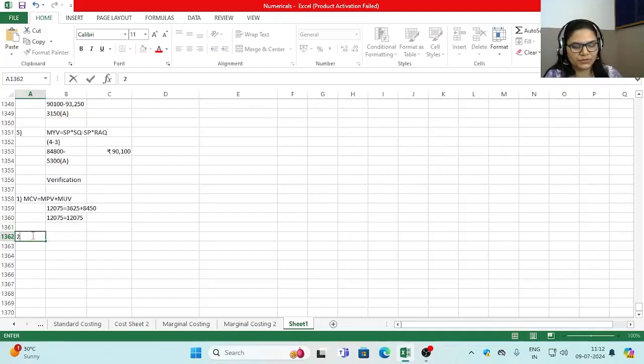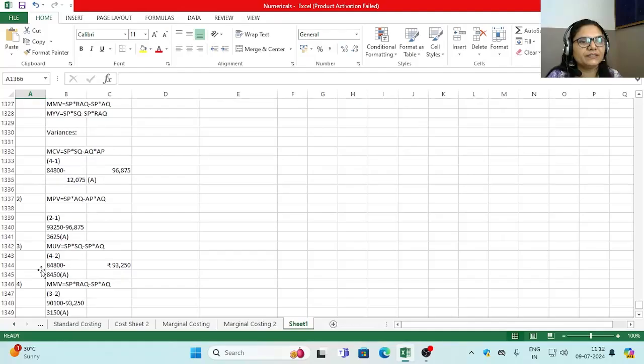Next, material usage variance is equal to material mix variance plus material yield variance.